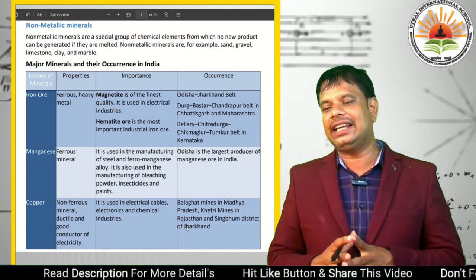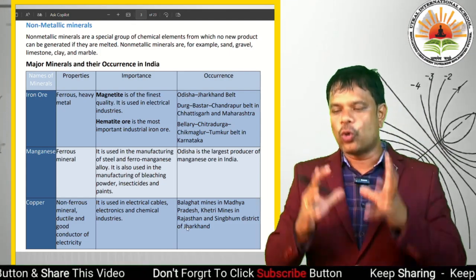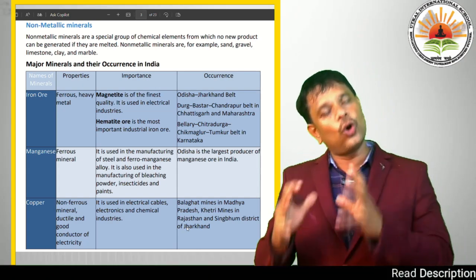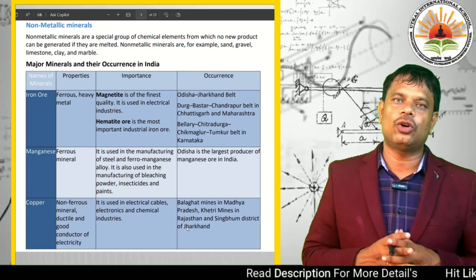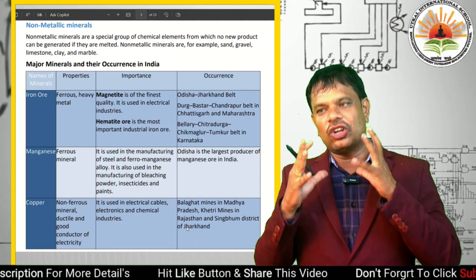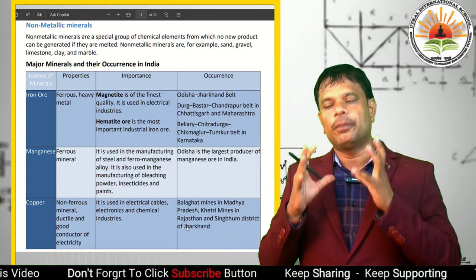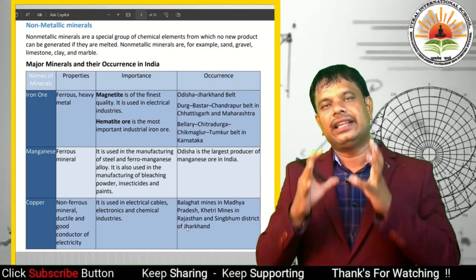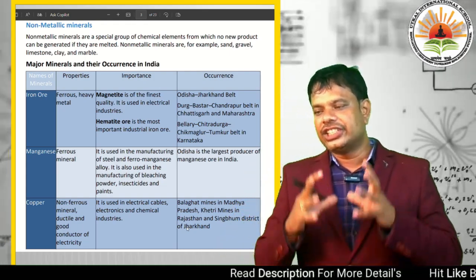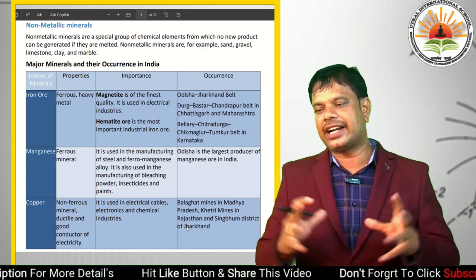It is used in electrical industries, and hematite is the most important industrial iron ore. So dear students, in our country we find iron ore in Odisha, Jharkhand belt, Durg, Bastar, Chandrapur belt in Chhattisgarh and Maharashtra, and Bellary, Chitradurga, Chikmagalur, Tumkur belt in Karnataka.